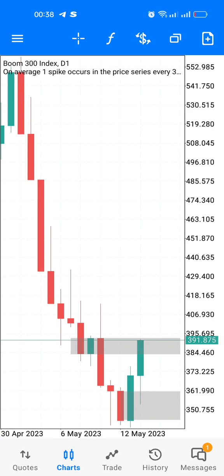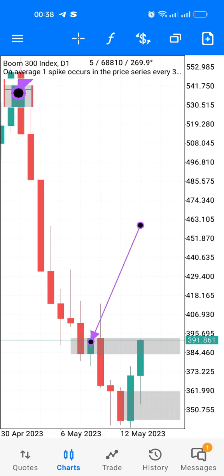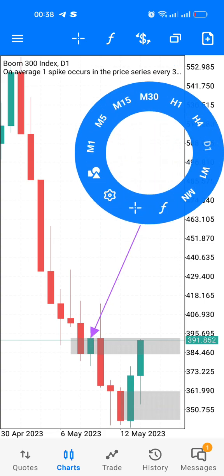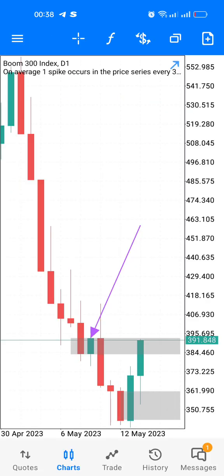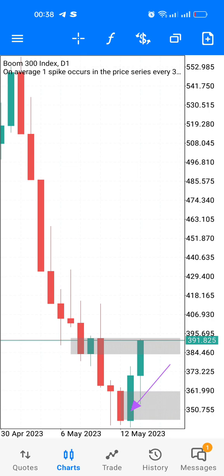So I look for a base, for example, like this at D1. See? So this is how this move could have been made. We can see that there's a base buy, and then there's a retest here.